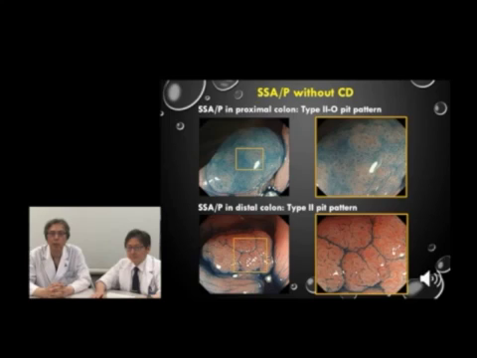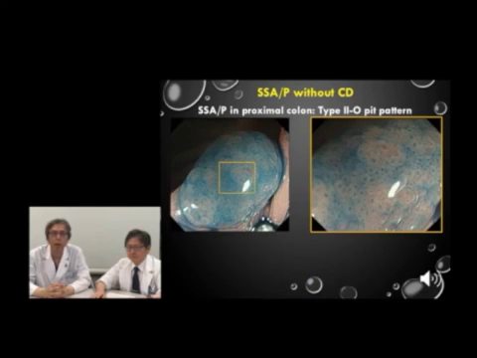Okay, so please explain the endoscopic features of SSAPs with or without cytological dysplasia. These are typical SSAPs in proximal and distal colon. In SSAPs in proximal colon, we can see pit with open and round shape. This is a type 2O pit pattern, and it is a character of SSAPs in proximal colon.